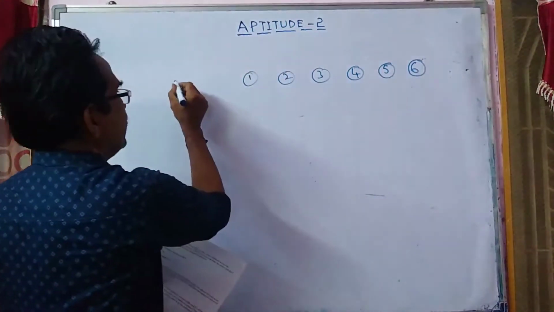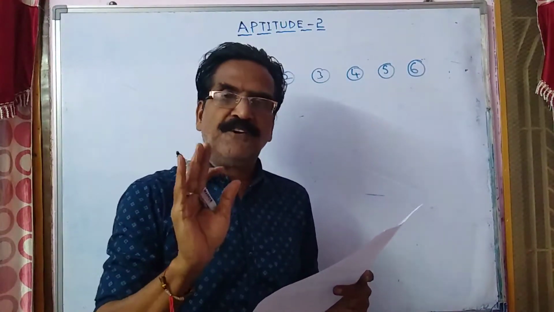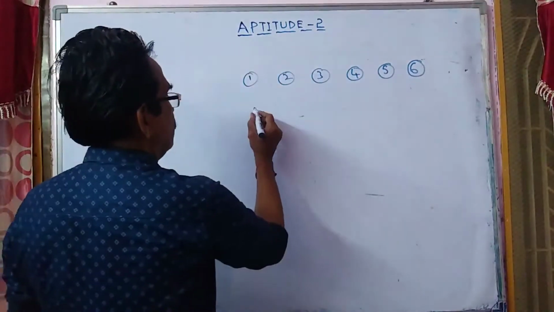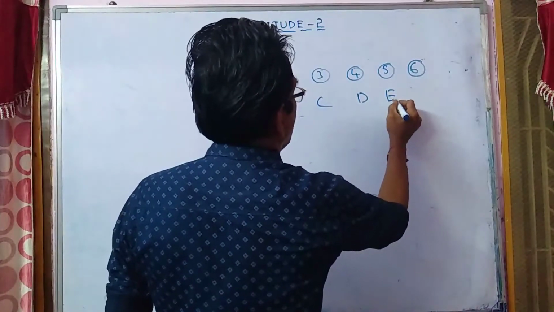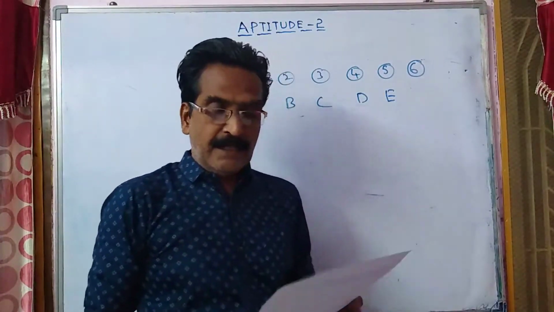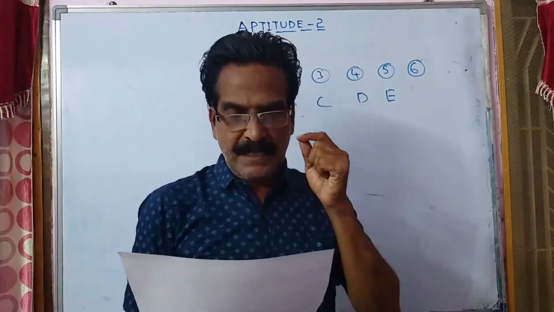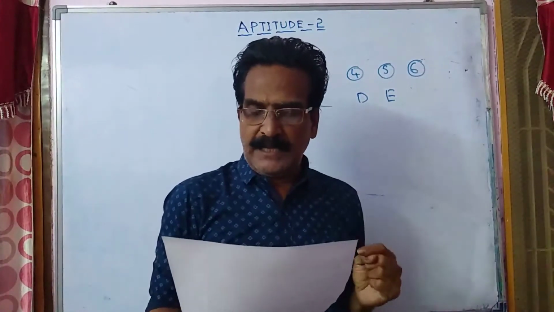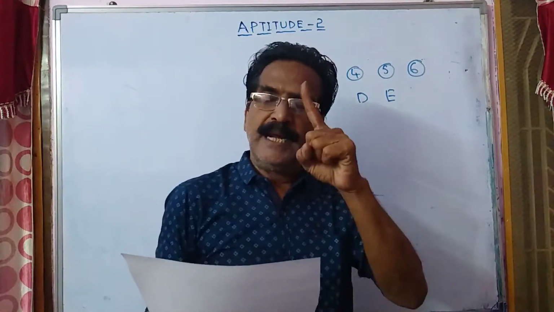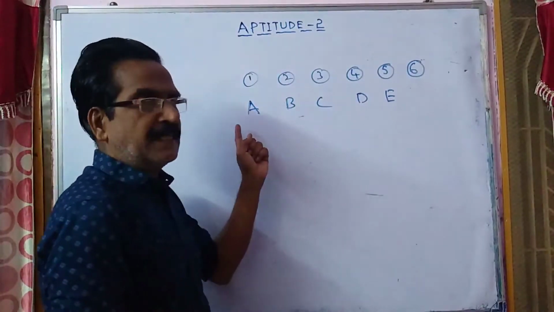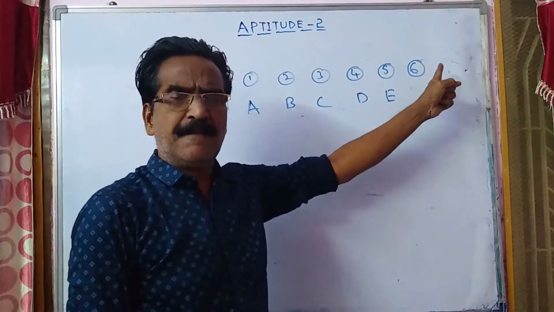In how many ways can one organize 5 subjects, let us say 5 subjects A, B, C, D, E, such that each subject is allowed at least one period? So here we have 6 periods.